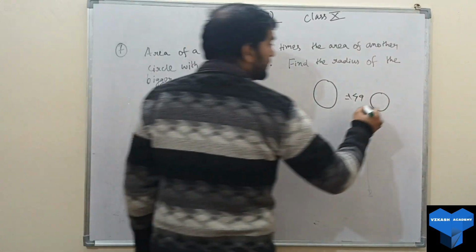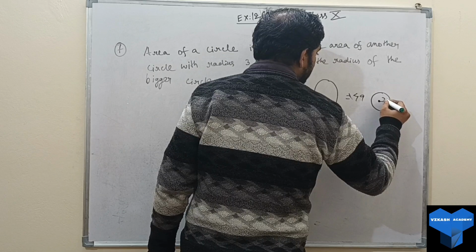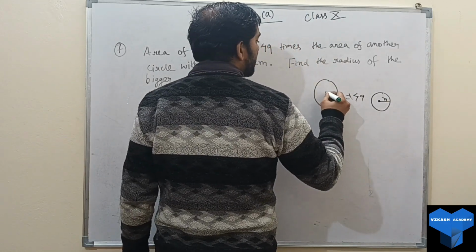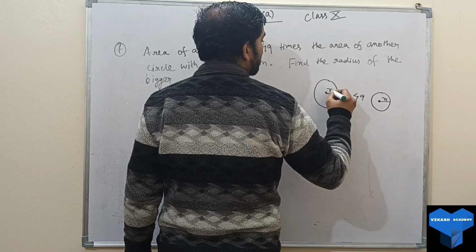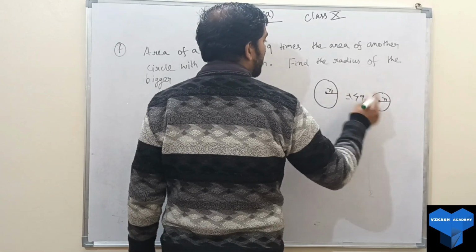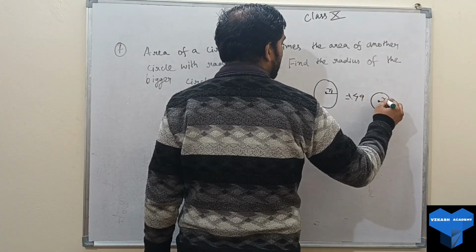Okay, so for this circle I am taking radius r1, and for this other circle I can take r2.